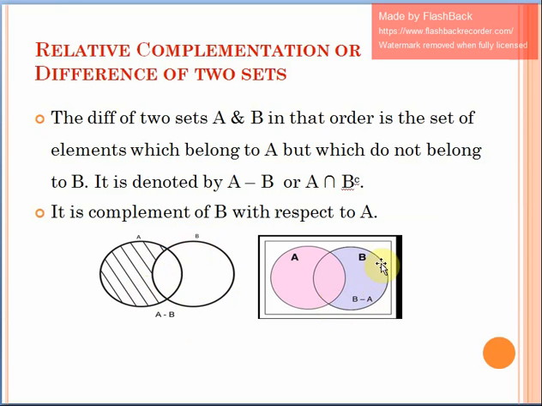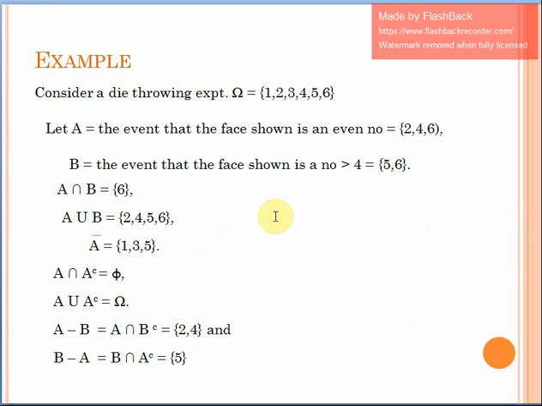That is included in B but not in A. So this area, I am just showing you the area, is nothing but B minus A. That is the complement of A with respect to B. With respect to B, this is B minus A. And if you take the complement of B with respect to A, that is A minus B. So the order is very important when we are talking about relative complementation or difference of two sets. So take an example and calculate all these values.